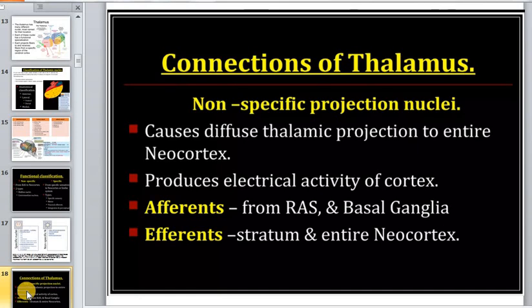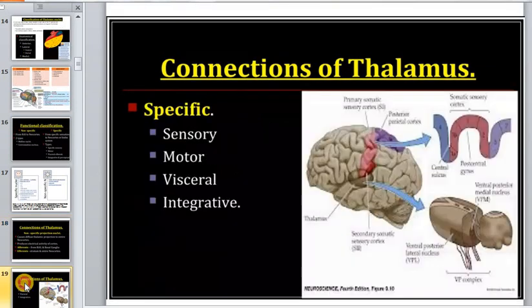Non-specific projection nuclei cause diffuse thalamic projection to enter the neocortex, produce electrical activity of the cortex, and have efferent signals from the reticular system. Do you remember, it is a part of the reticular formation, and basal ganglia, and efferents from the striatum enter the neocortex.